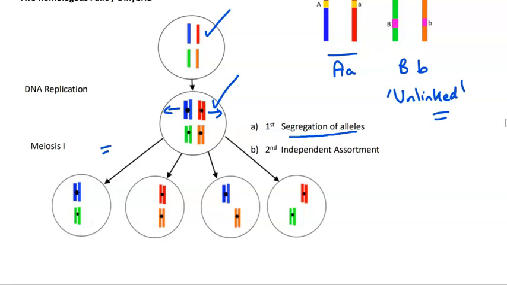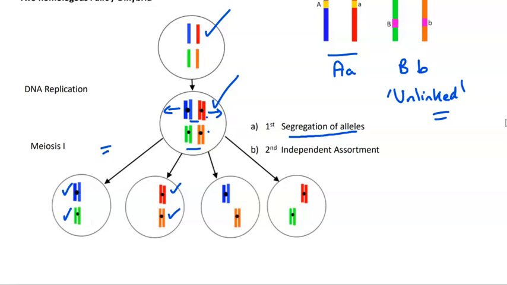So you can see with my 2 cells here we have the blue chromatids and we have the green chromatids, and here we have the red chromatids and the orange chromatids. So that's a homologous pair and that's a homologous pair.